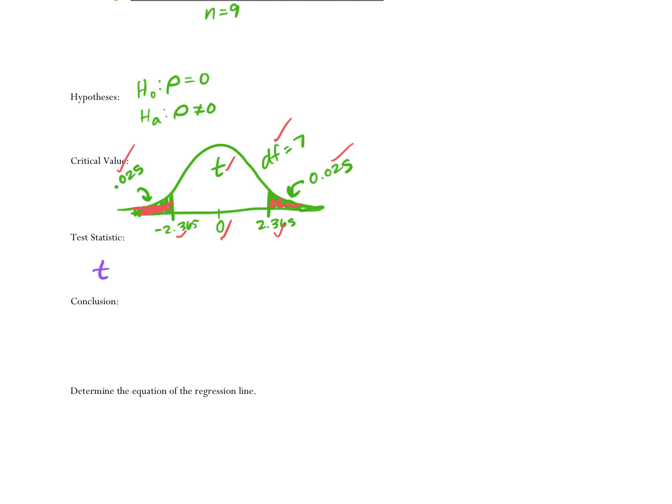So, I'm getting a t statistic of 6.842. My p-value, yours I think comes back in scientific notation, 2.4369 times 10 to the negative fourth.